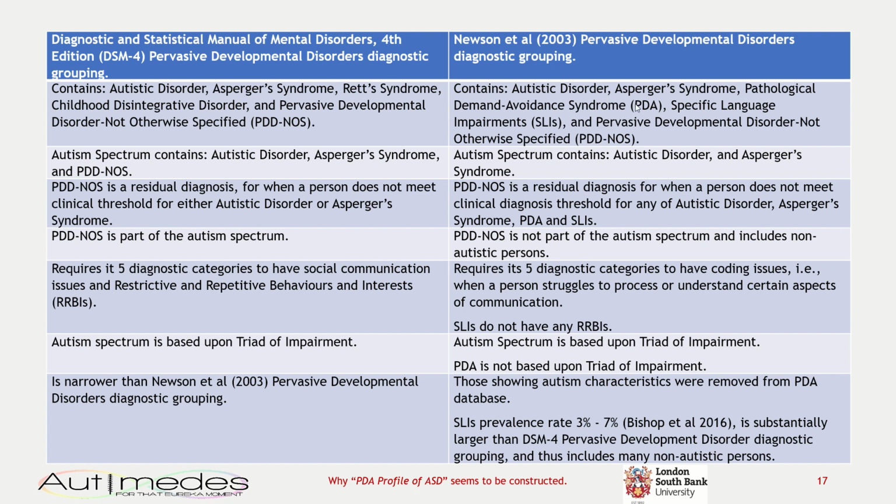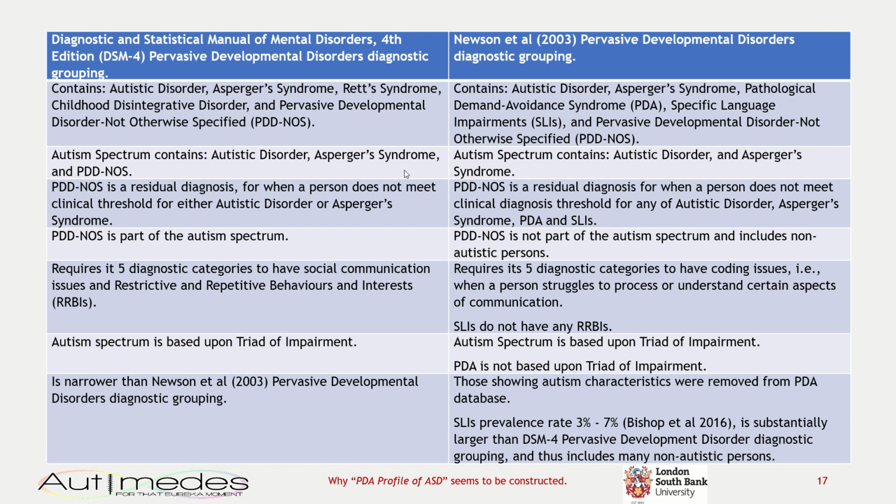Newson has autistic disorder, Asperger's syndrome, PDA, and specific language impairments, which include things like dysphasia and dyslexia. It also has pervasive developmental disorder not otherwise specified, which is PDD-NOS. I'll get on to PDD-NOS in a minute because it differs in the two settings.